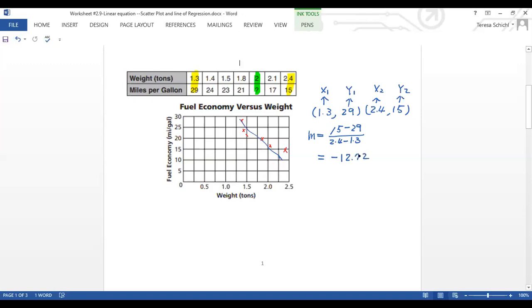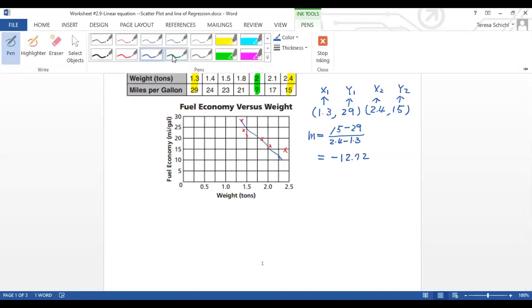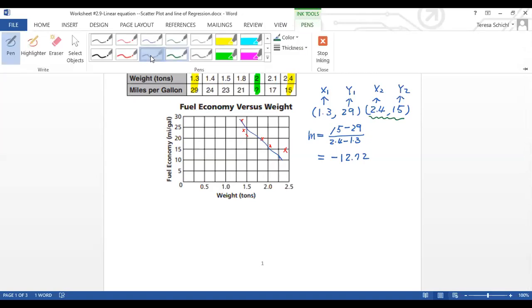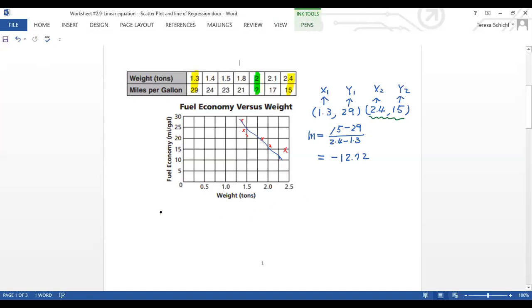Now because I have the slope, I can use the slope and 1 point. I'm choosing this point for my line here. It doesn't matter which. So my line will be y minus y1, y minus 15, equal to negative 12.72 times x minus 2.4.